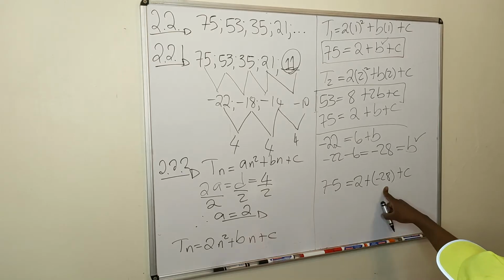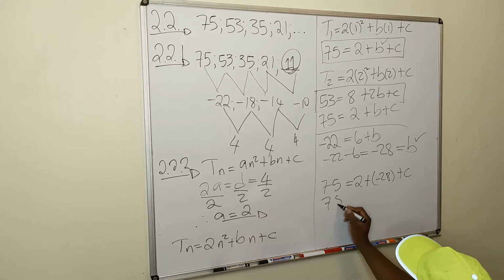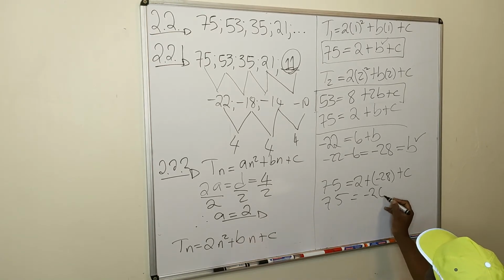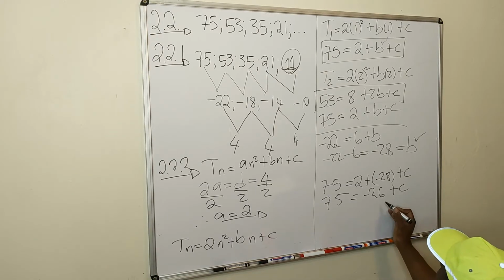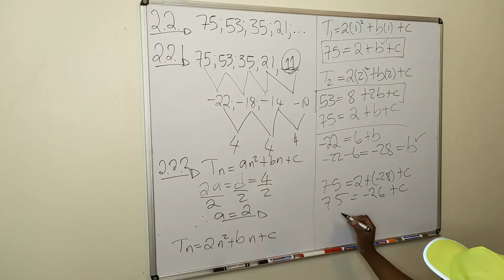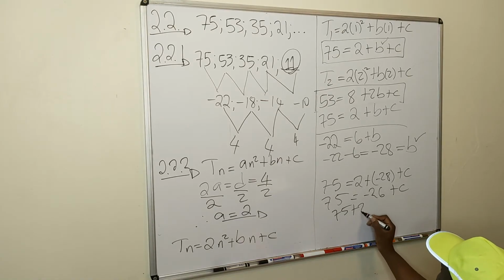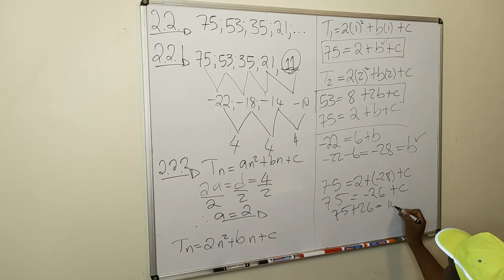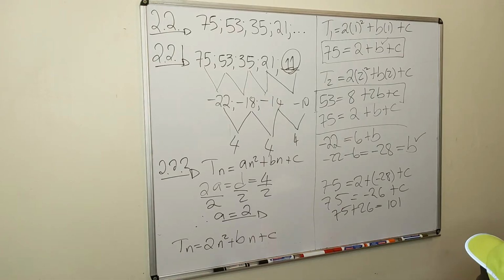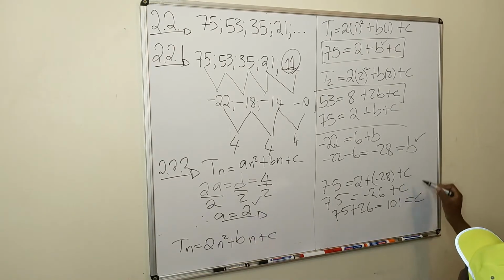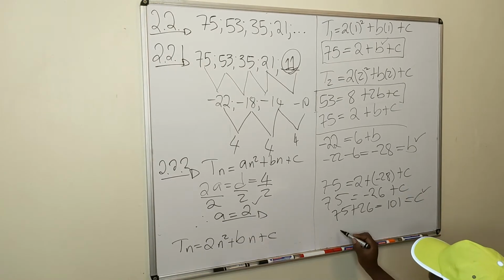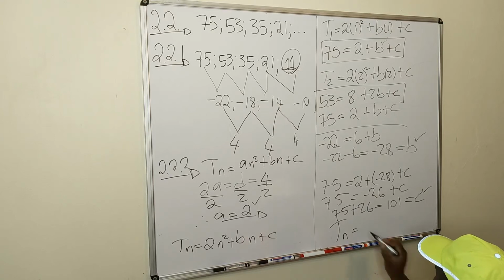If you add these, you find that 75 is equal to minus 26 plus c. Transpose the 26 to the other side: 75 plus 26 is equal to 101, which is c. So you have your a, your b, and your c. Therefore, the nth term Tn is equal to what?